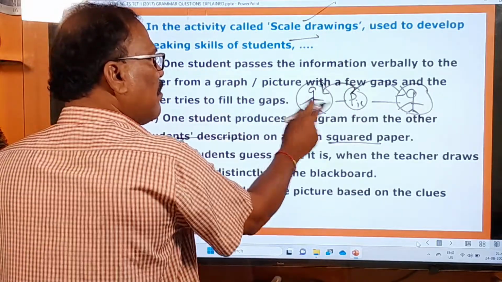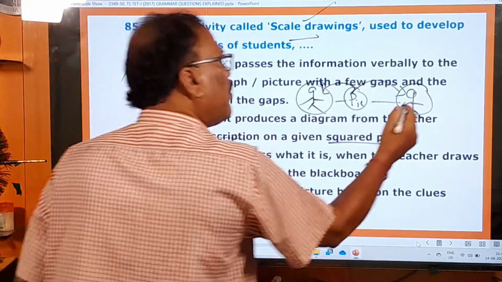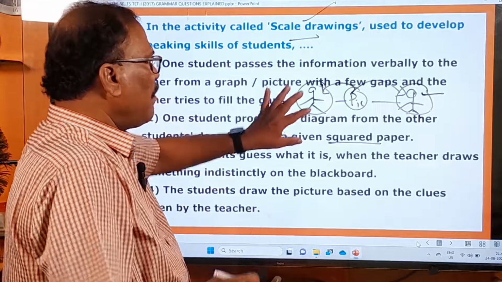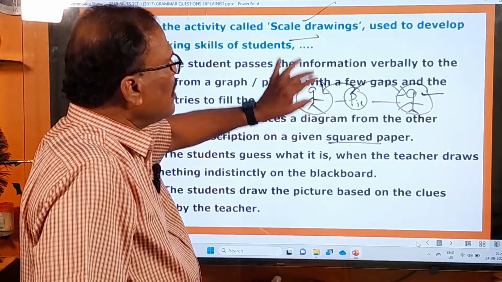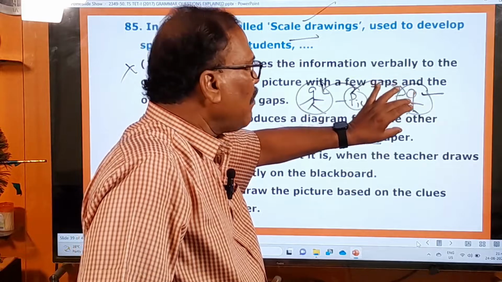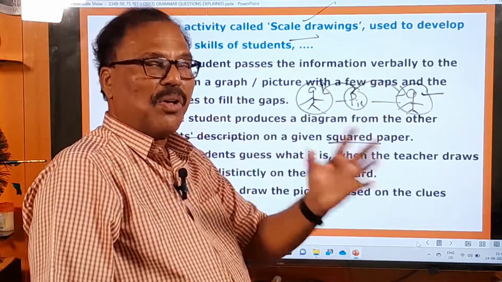Because this boy is listening to the other boy, he can draw the picture. Therefore, he can improve his speaking skills, and he will improve his listening skills, and after listening, he will produce the same diagram or picture.